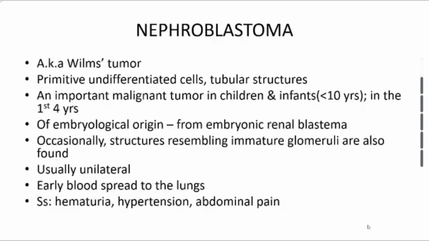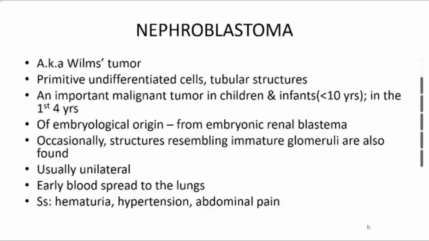They are undifferentiated cells, and mostly they also like to form what appear like tubular structures. So it's an important malignant tumor, in spite of the name that appears benign. When you talk of nephroblastoma, it sounds like lipoma and so on, but in this case, it's malignant.